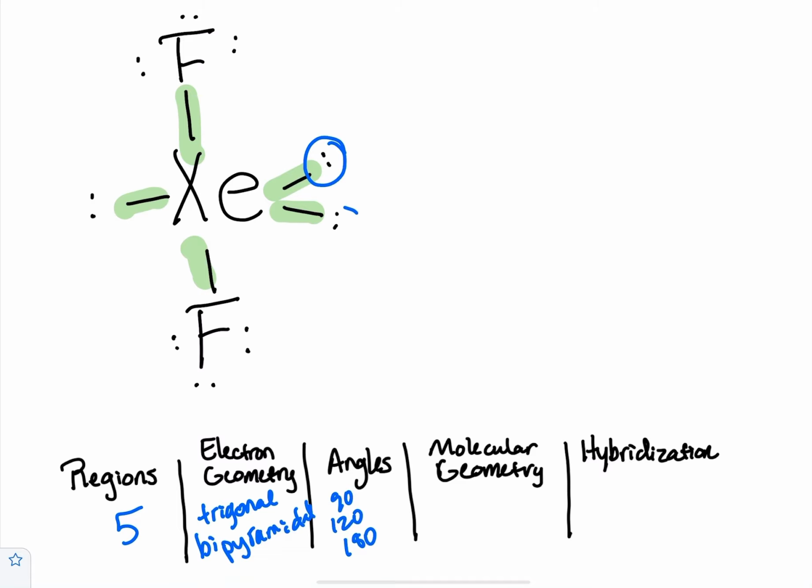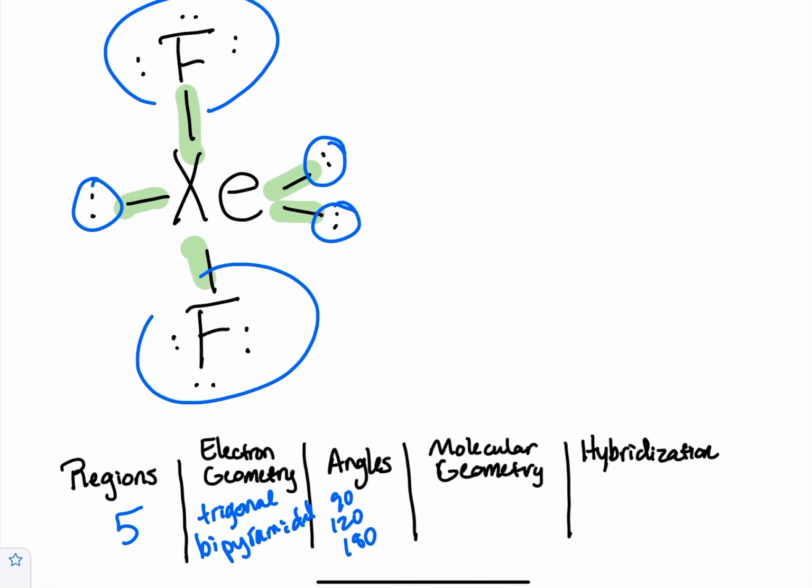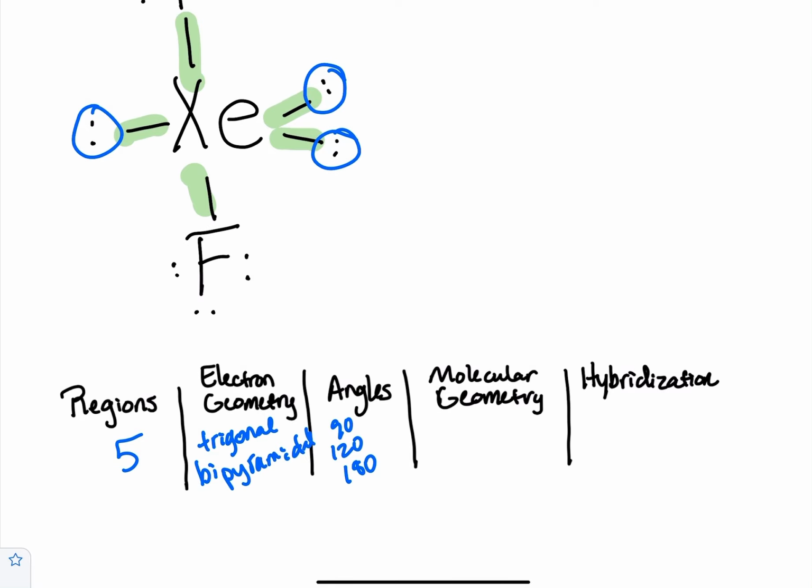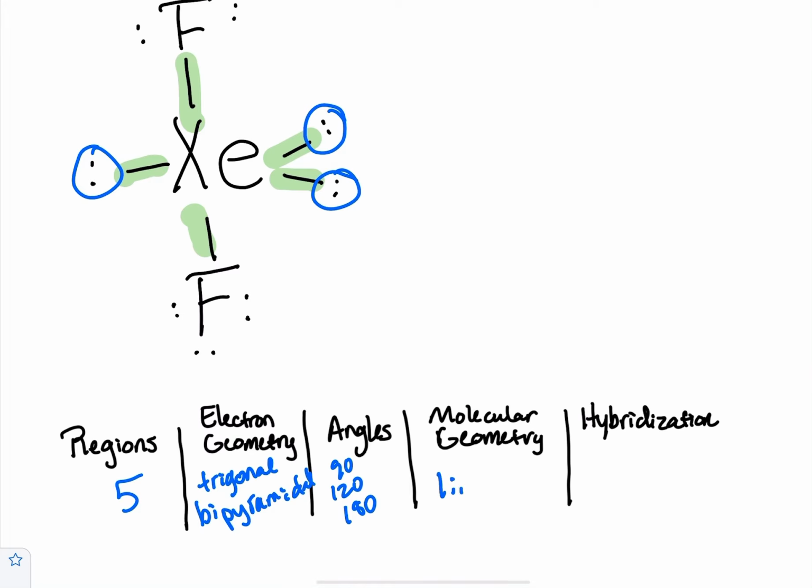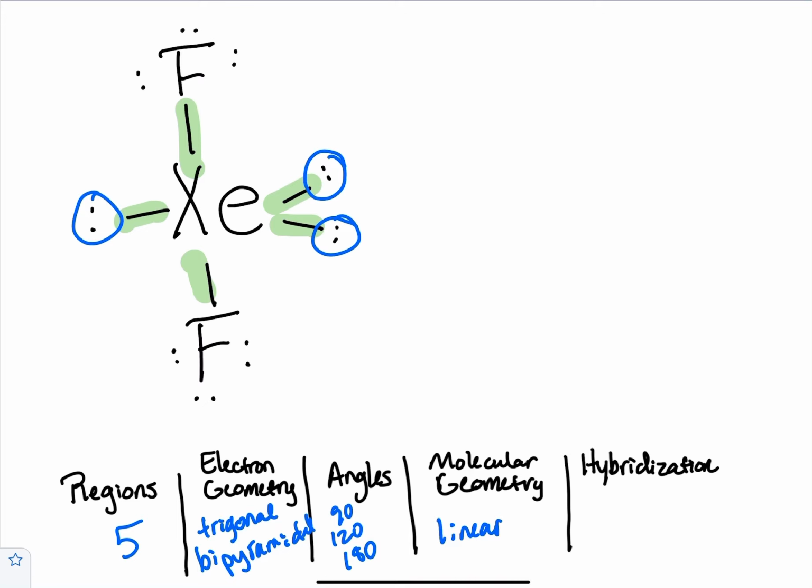So you've got a triangle of basically lone pairs. The instruments don't pick that up, but they in fact are holding this atom kind of captive apart from each other, and they actually are making a 180-degree angle, and so the molecular geometry here is going to be linear.